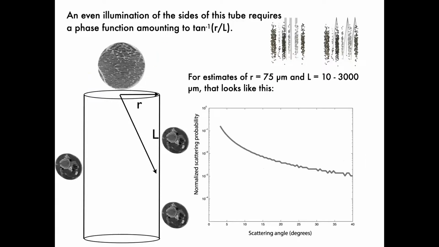And what we realized was that if we think about the geometry of these pillars, which have openings between them, the gaps between the pillars are about 150 microns, and they extend several hundred microns or millimeters into the tissue. To have a transformer function, that is to say, to take the flux present on the horizontal surface of the opening and spread it out over the vertical surface of the pillar, you would need a phase function, or a scattering probability with angle, that looked like this.